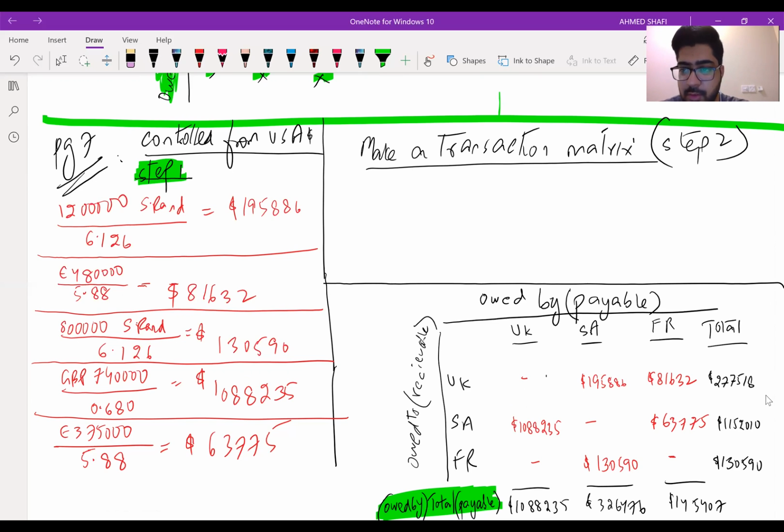This is the total of all receivable, or you can call it the total of owed to. It's the same thing. Okay.